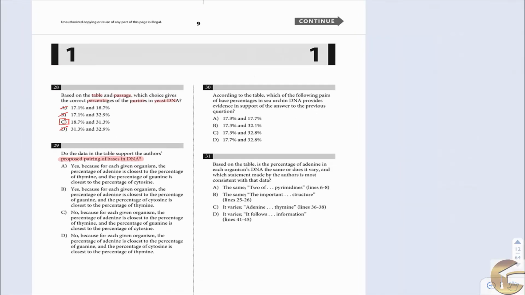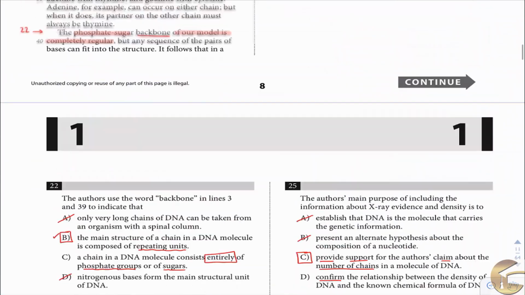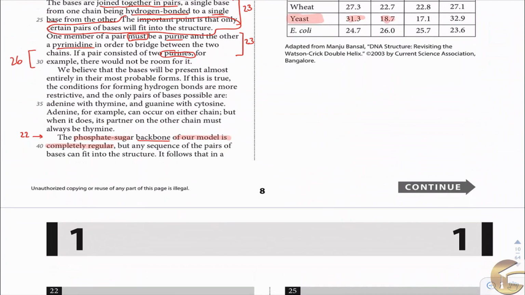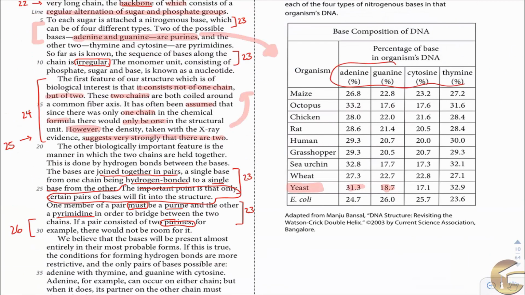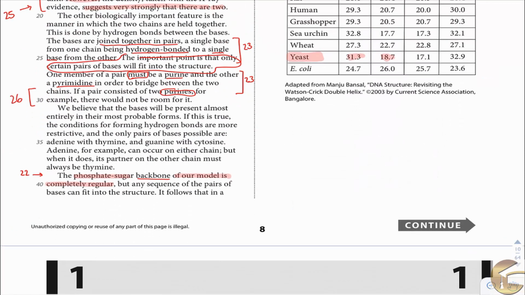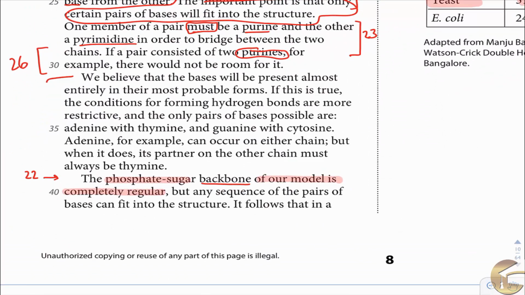Having read the passage can help you figure this out. But one of the places where they mention all four of these organisms is in this paragraph around lines 31 through 39, and they talk about these things.